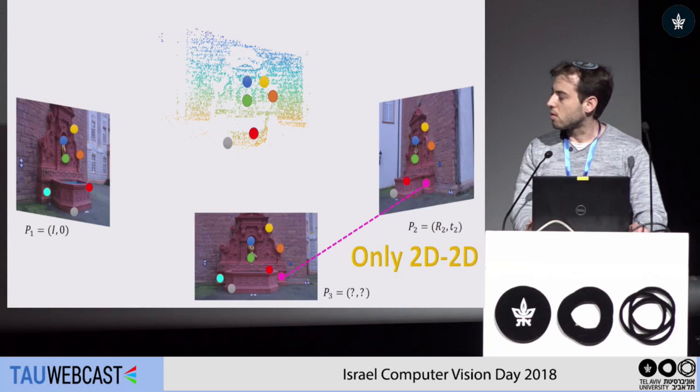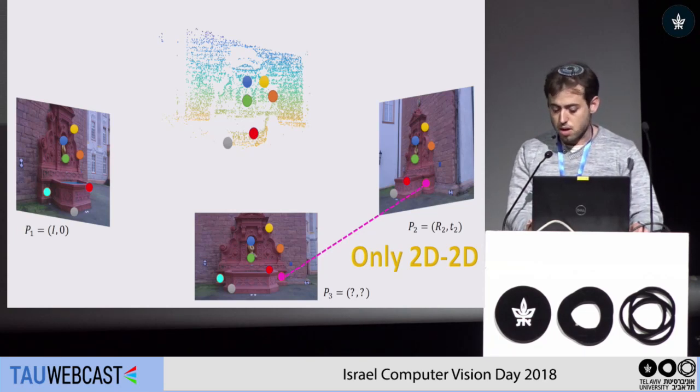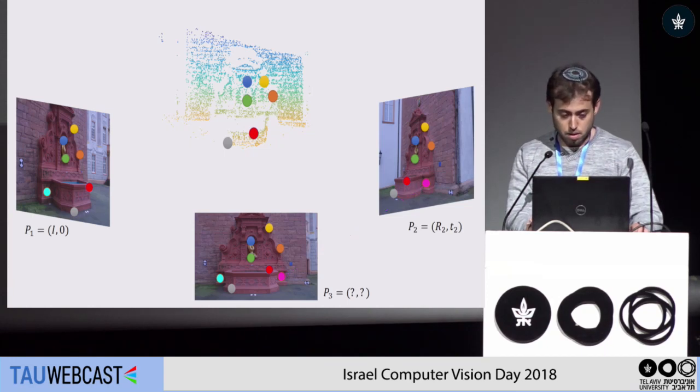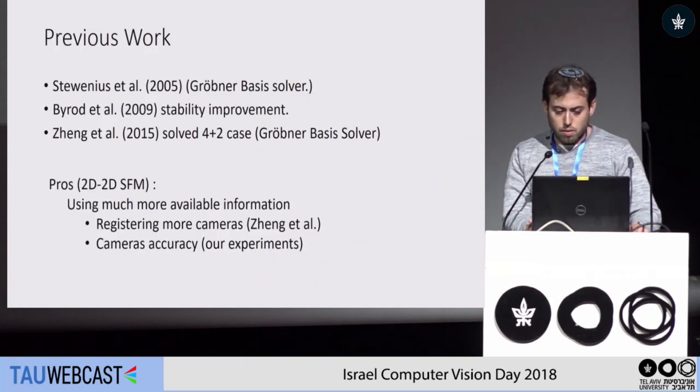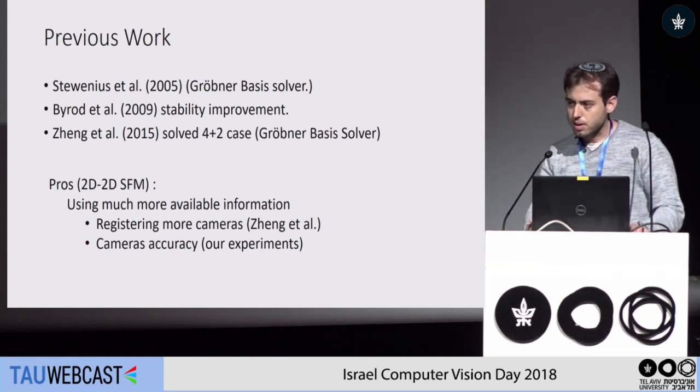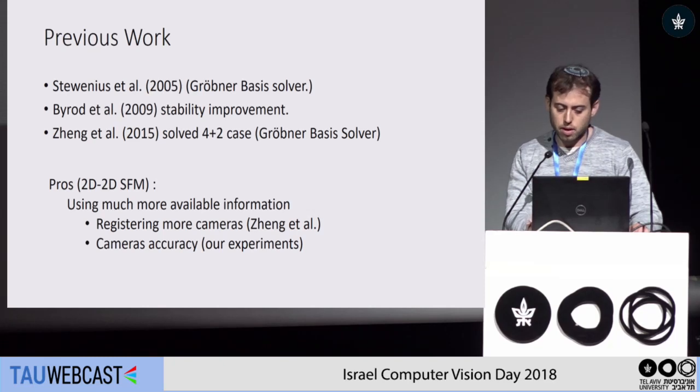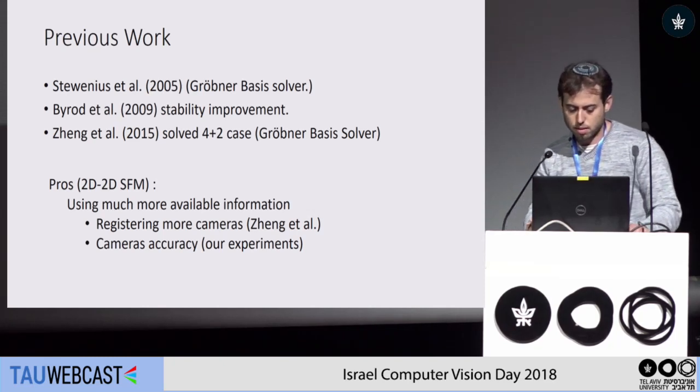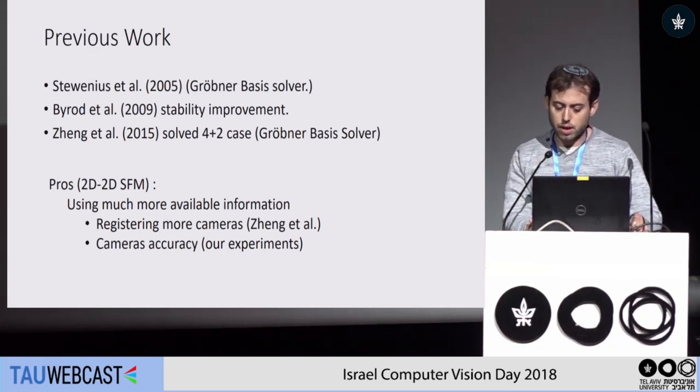We would like to be able to find the rotation and translation of a new camera without 3D information at all, only using 2D correspondences from known cameras. Several works presented a solution for this problem, and it has been shown that structure from motion using only 2D correspondences, which has much more available information, gets more cameras in the reconstruction.